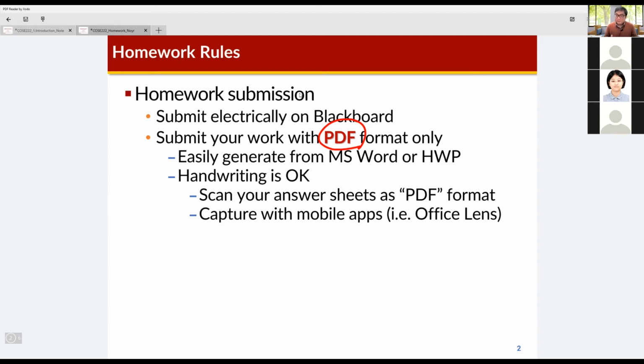So if you write your answer by hand, then you can scan your homework sheet with these mobile scanner apps, okay? And then generate the PDF file and post this PDF file on the Blackboard, okay?